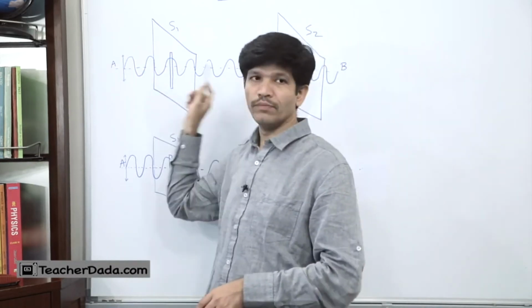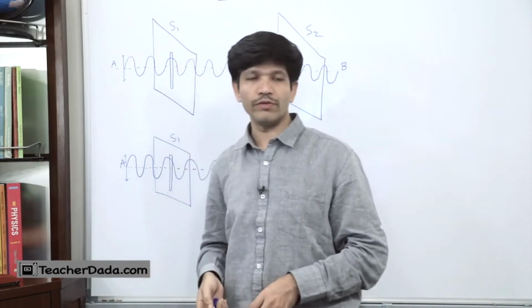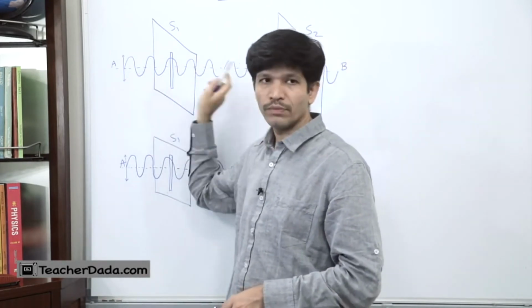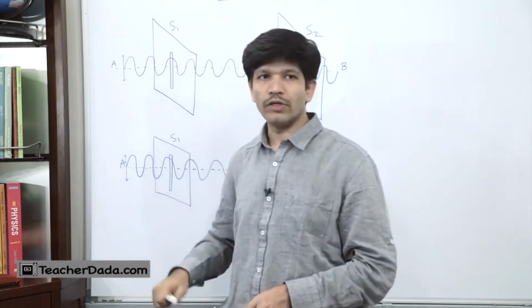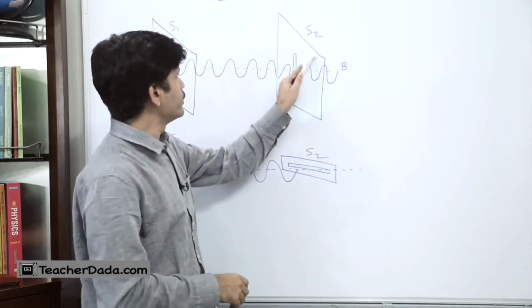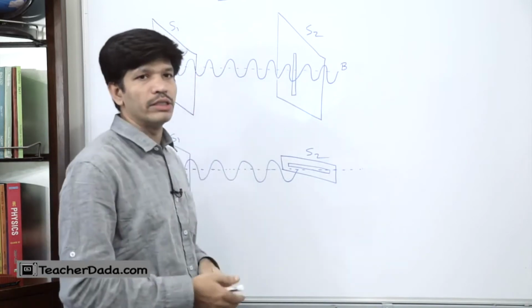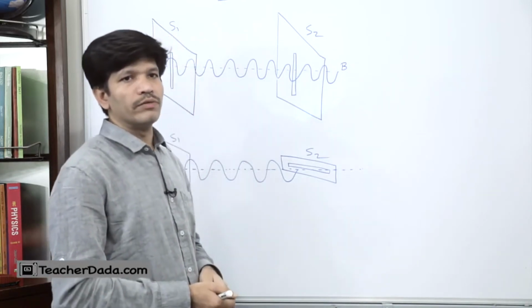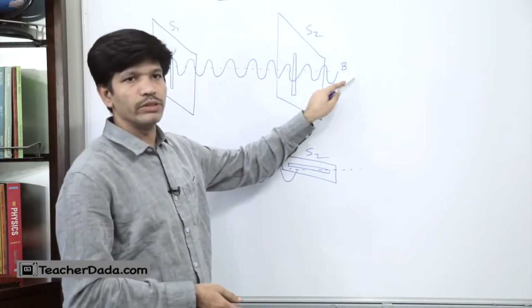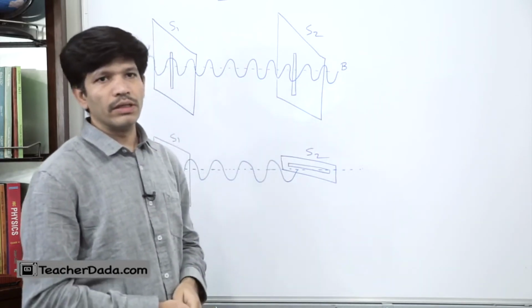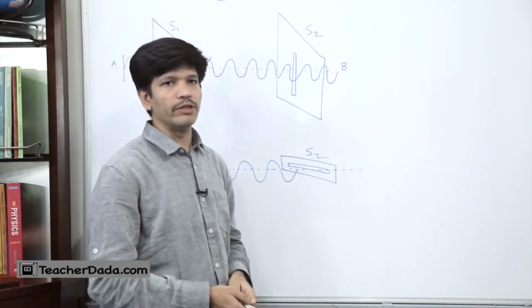That's why the surface of water waves is one example of transverse waves. Now if the slit S2 is parallel to the slit S1, the vibrations pass through S2 and reach the person at B with undiminished amplitude.